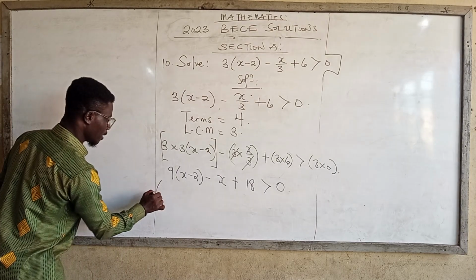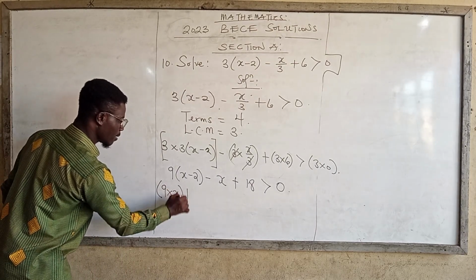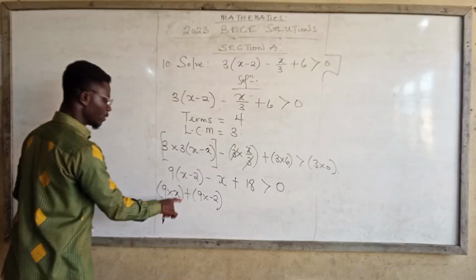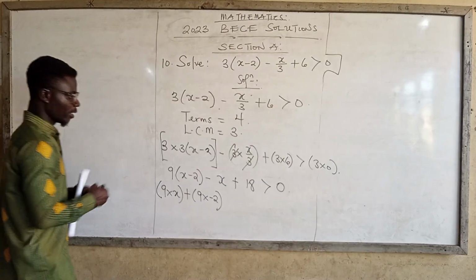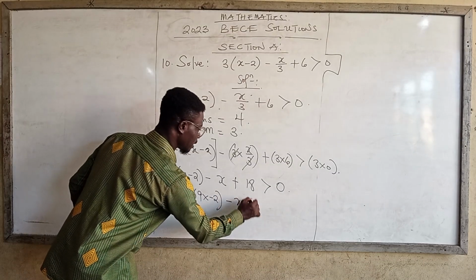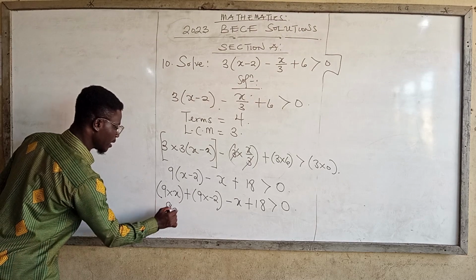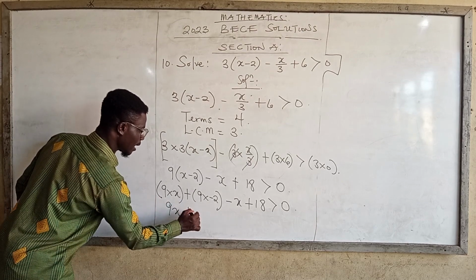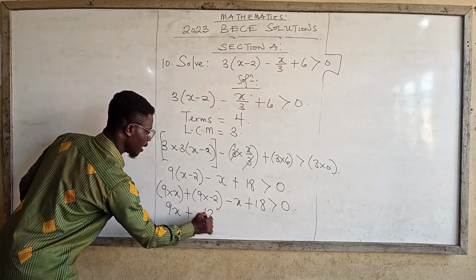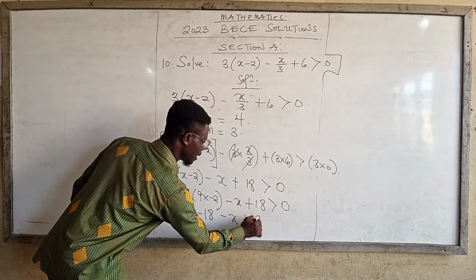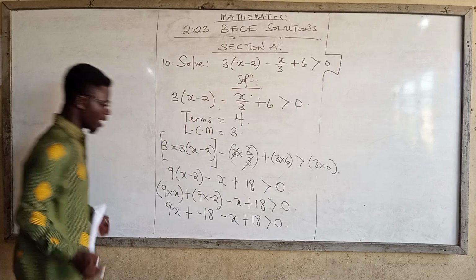Now we can expand here: 9 times x plus 9 times negative 2. Don't forget, when you see negative times positive, you get negative. Then minus x plus 18 greater than 0. So I have 9x plus negative 18, minus x plus 18 greater than 0.